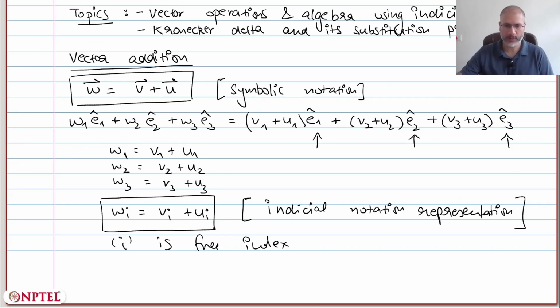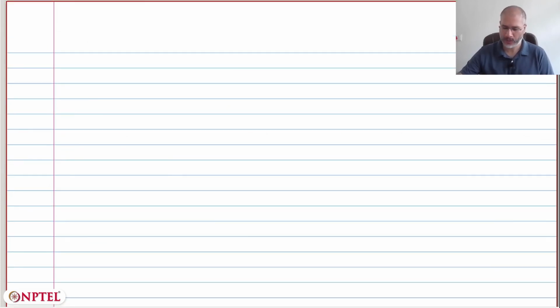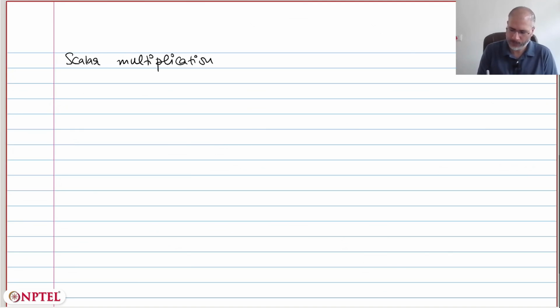So let's move on to the next vector operation, that is scalar multiplication. Scalar multiplication simply is that the vector V can be written as some scalar alpha times the vector U in the symbolic notation.